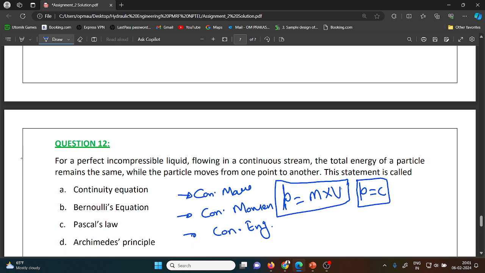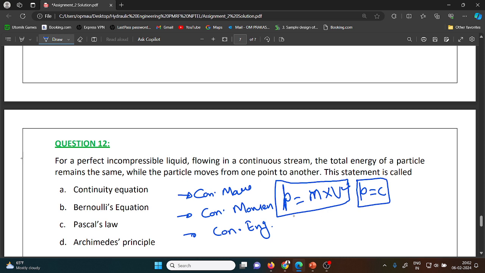Either velocity should be constant or mass should be constant. In case of fluid flow, this conservation of momentum is practically not possible.